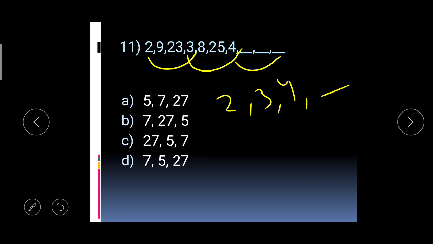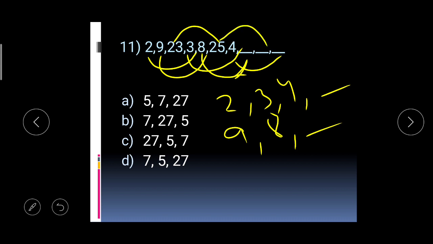Okay, let's see the next series. 9, then leave 2 terms, 8, and then we have to fill here in the first term, right? So 9, 8, and the next term, and then 23, 25, and the middle term, right? Middle term we have to fill. So the middle term will be filled by this one.